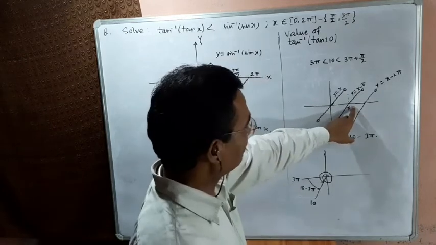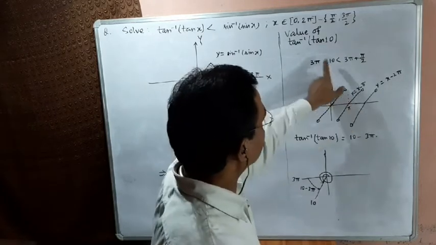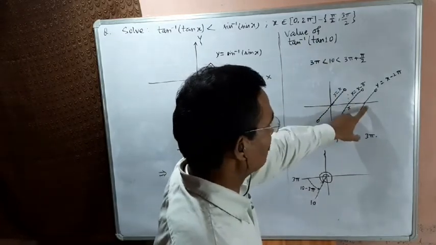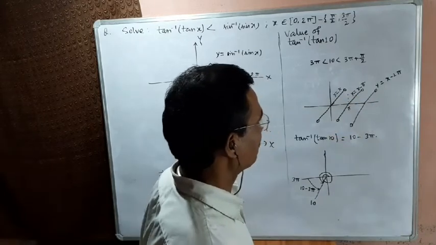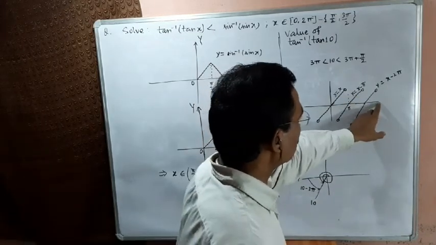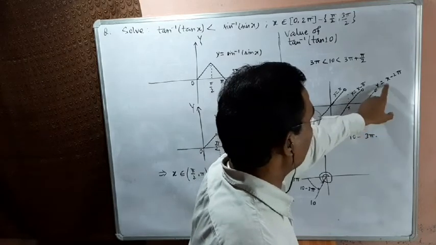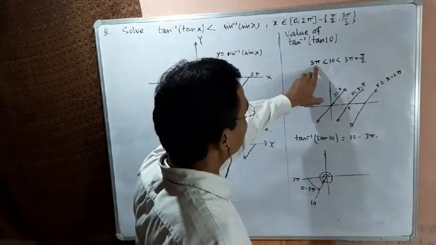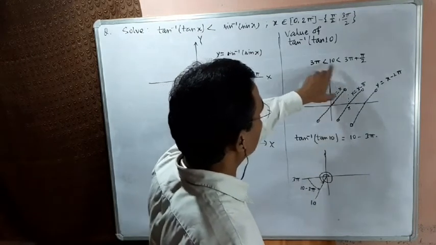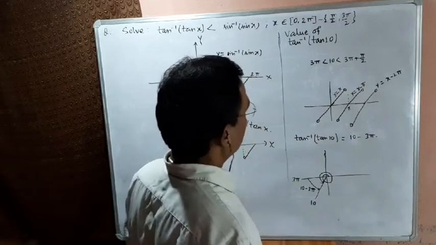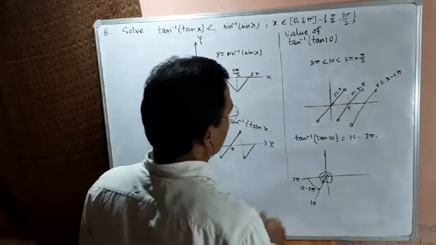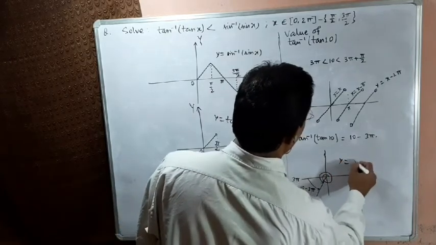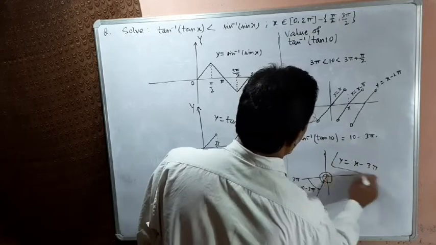You are understanding? The graph of tan inverse of tan x between pi and 3 pi by 2 has the equation y equals x minus pi. Next, from 2 pi to 5 pi by 2, y equals x minus 2 pi. Therefore, like this, 10 lies between 3 pi and 3 pi plus pi by 2, so in this region its graph will be y equals x minus 3 pi.